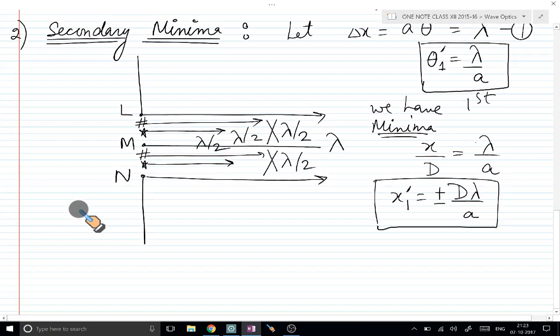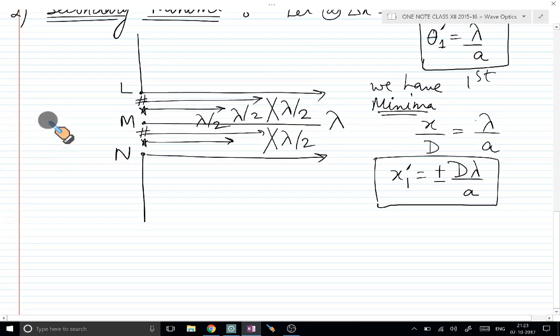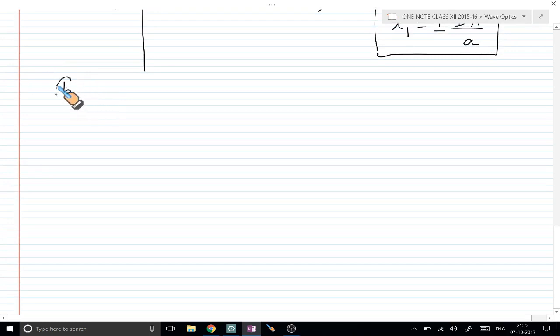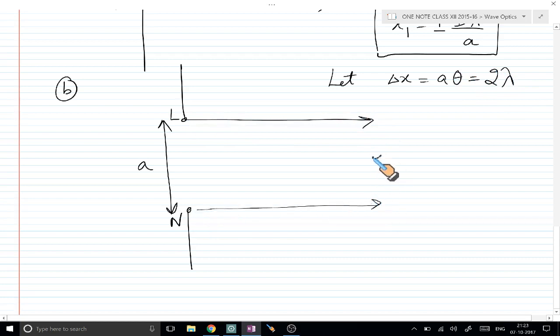Now this was the first case. In the second case, let us imagine that we have a slit whose width is small a. This is L, this is N. Let the path difference delta x, which was a theta, be equal to 2 lambda. So the wavelets from L to N have a path difference of 2 lambda.